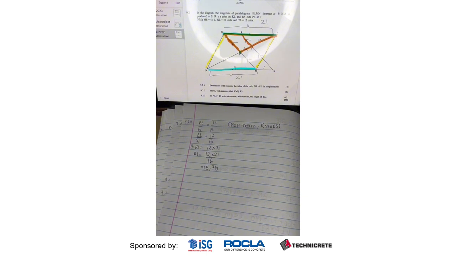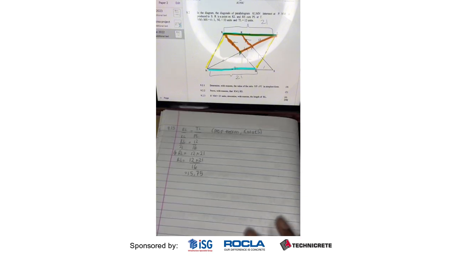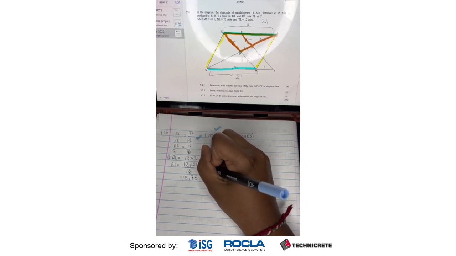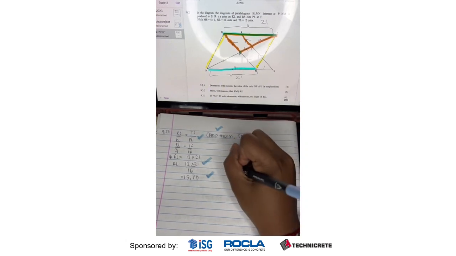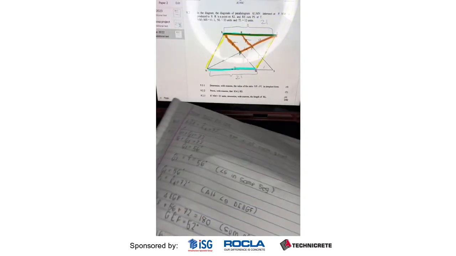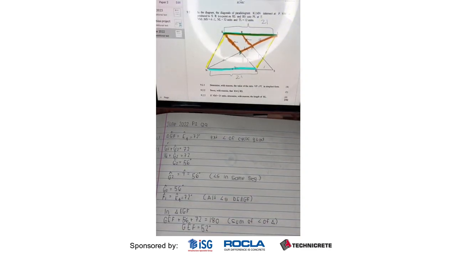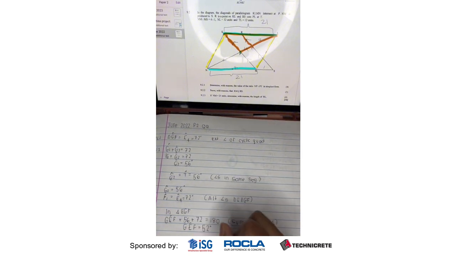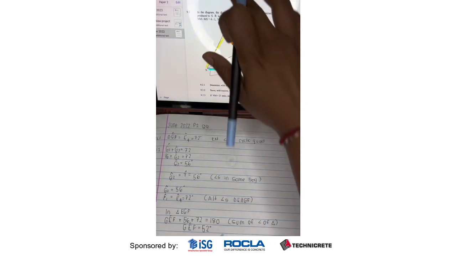Quickly taking a look at mark allocation, let's work backwards. This was 4 marks for your statement and your reason, for your calculation, and for your answer. Taking a look at 9.2.2, we just had to give the statement and a reason for our answer, 2 marks. 9.2.1, where we had to find the ratio, statement, reason, statement, and your answer, 4 marks.